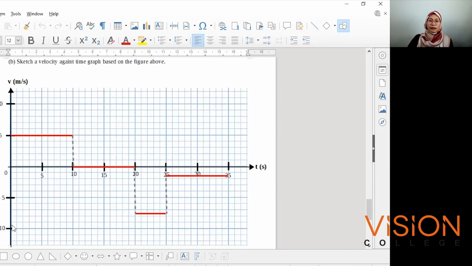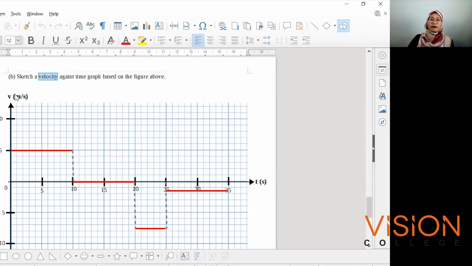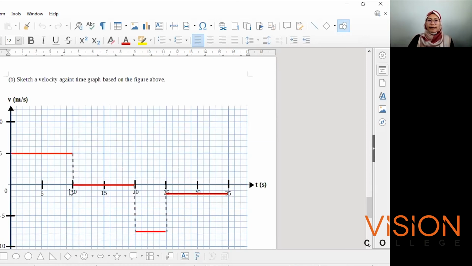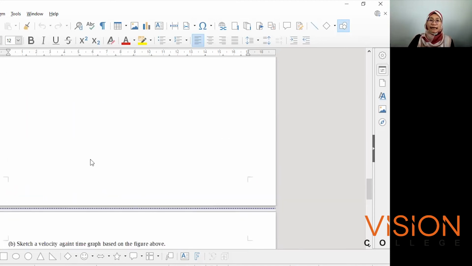Again, you must have your y-axis and x-axis. The x-axis is always time, and the SI unit is second. What about the y-axis? Since we want a velocity against time graph, we will have velocity, and the SI unit of velocity is meter per second, isn't it? The x-axis, the timing here, will be exactly as in the question.